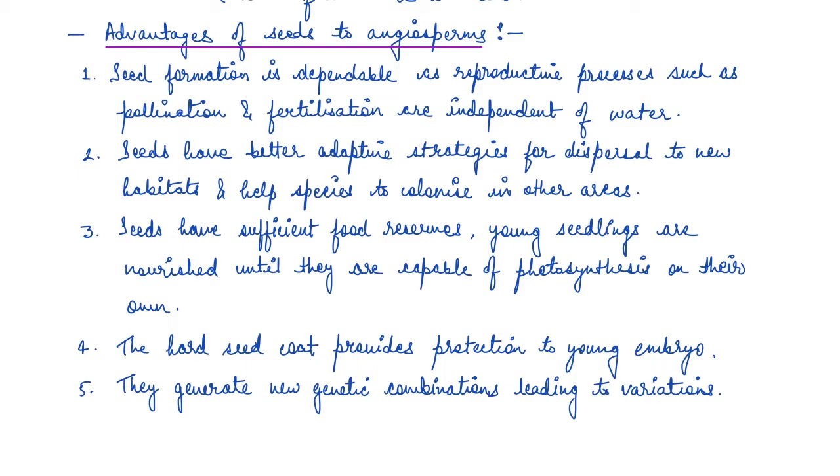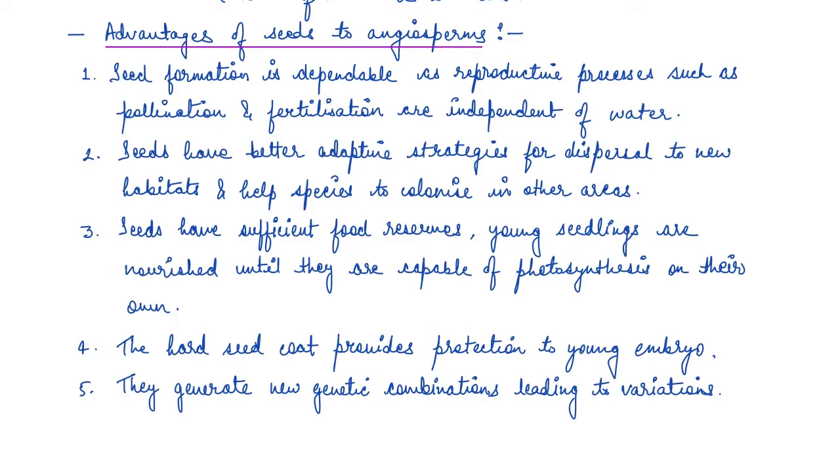In such cases the reproductive processes are not dependent on water, right? Apart from that, seeds also have better adaptive strategies for dispersal and new habitats, and help the species to colonize other areas as well.